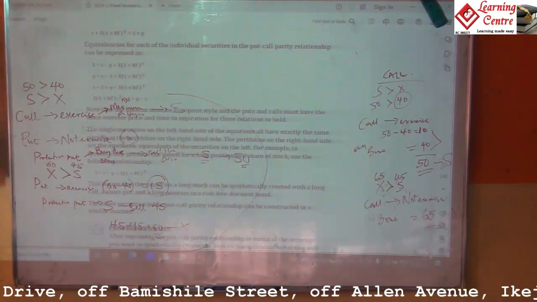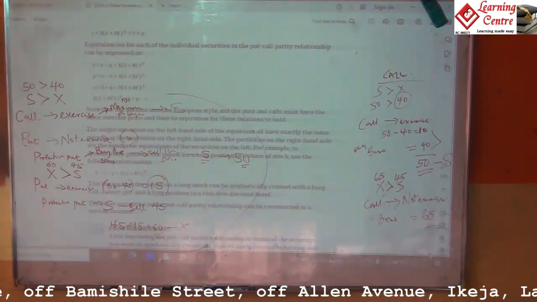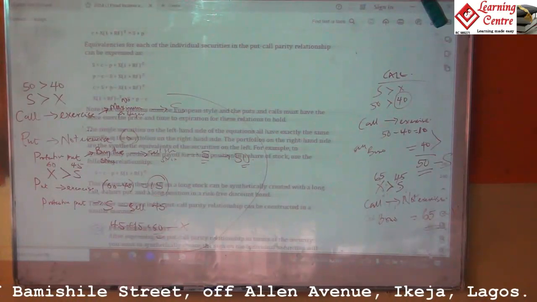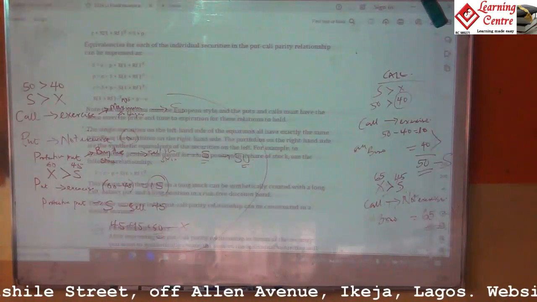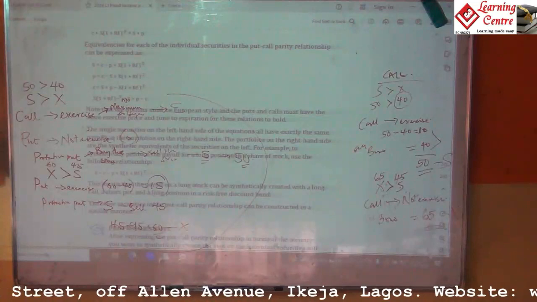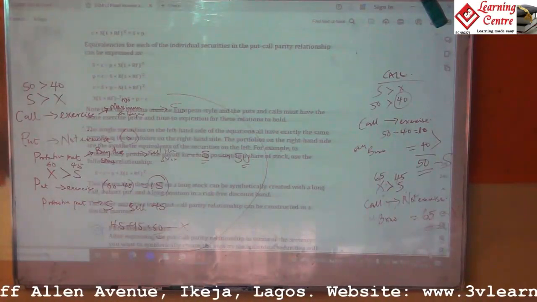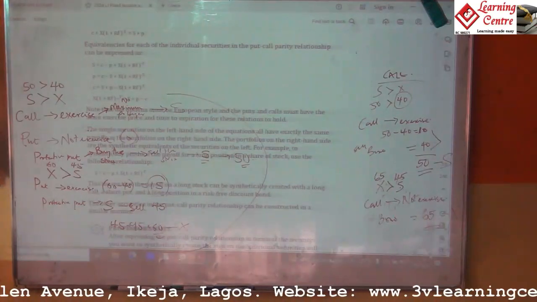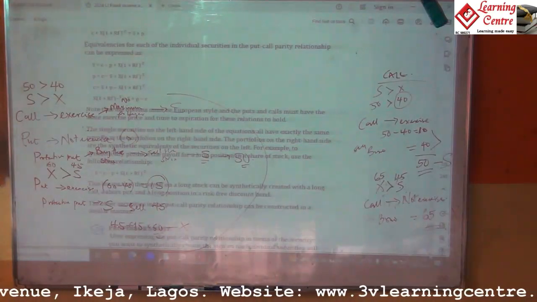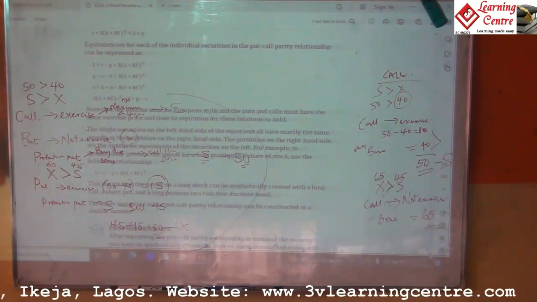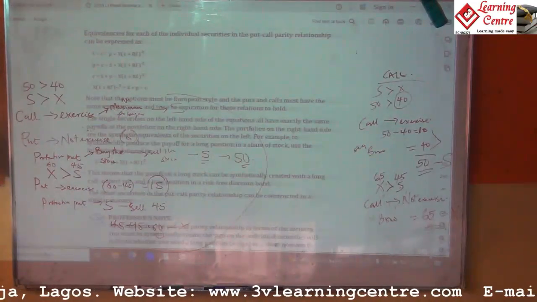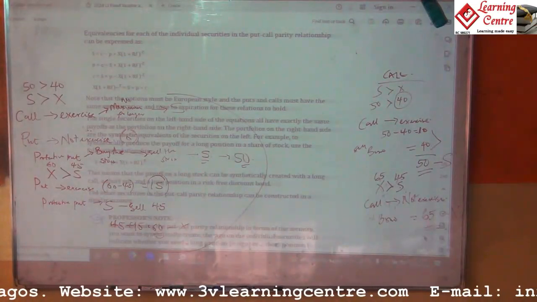They are a bit different: with the call, when you don't exercise, it goes to the exercise price, but with the put, when you do exercise, it goes to the exercise price. Okay?